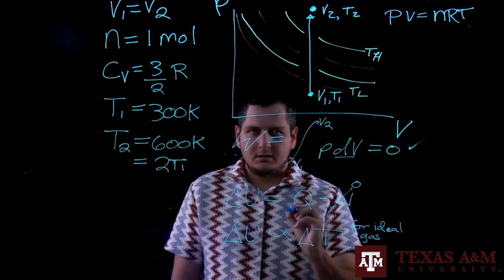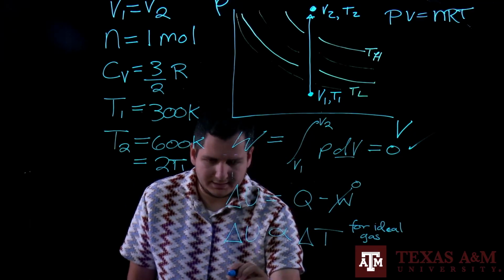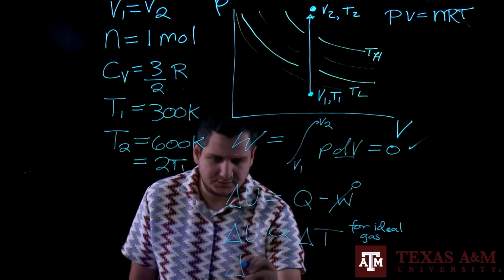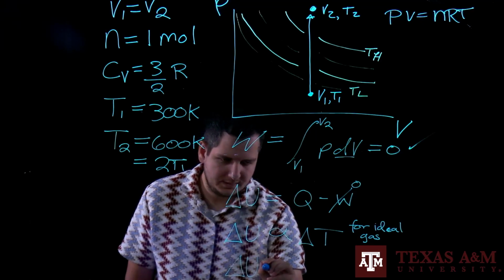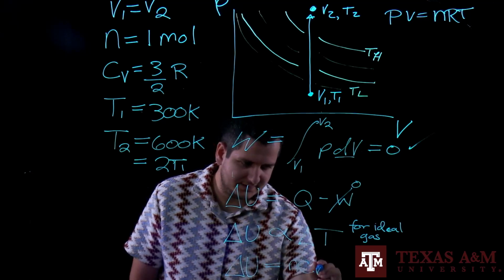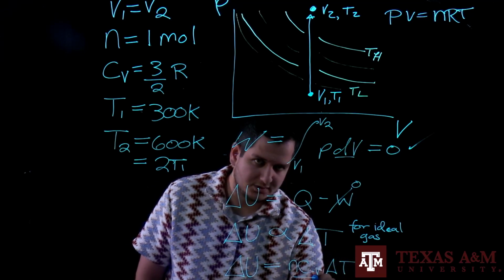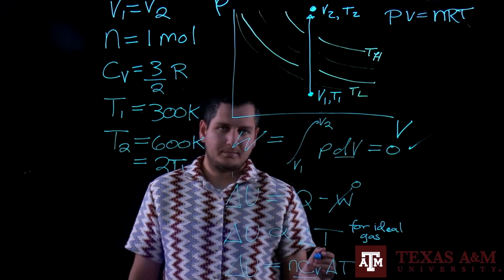How is it proportional? It's proportional like this. dU is equal to n CV dT. This is the proportionality constant, right?